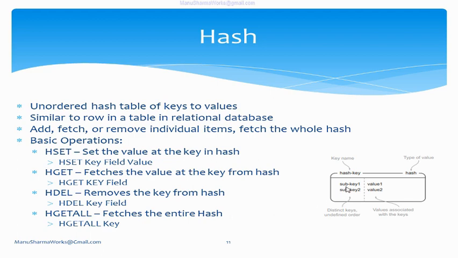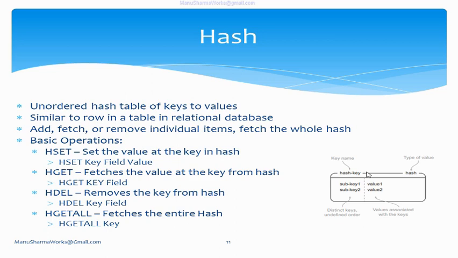In this case, this is a hash key, and it has sub key 1 and value 1. These sub keys are basically the fields of a table. Suppose I am saving an employee, so I will use employee as the hash key.